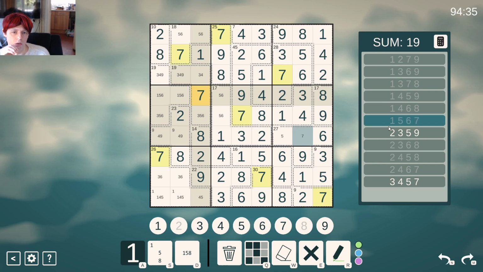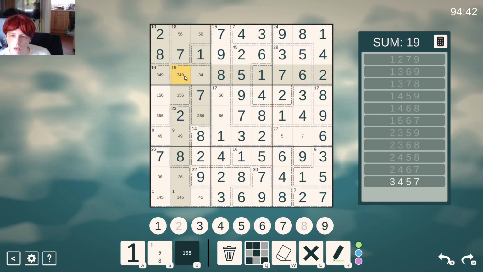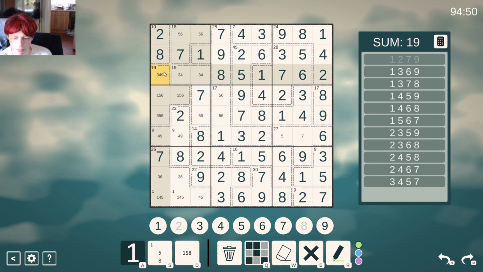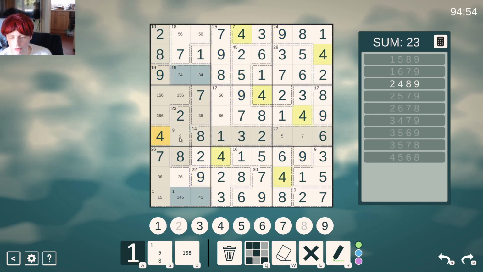Yeah, that's the only possibility left. So 9 is not there. That is not 6. That is 9. And we can solve for the 4 and the 9 there.